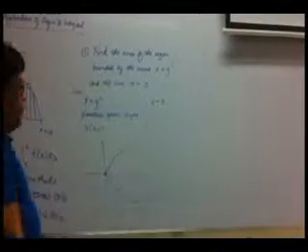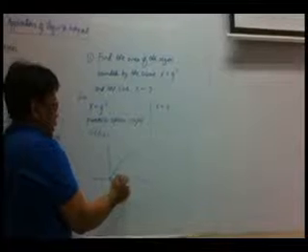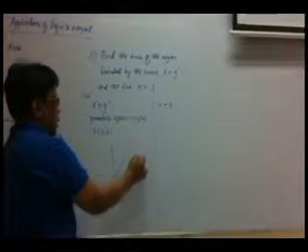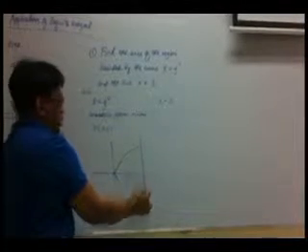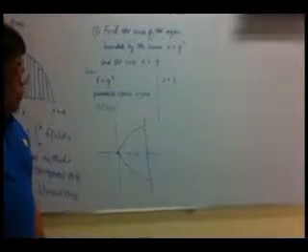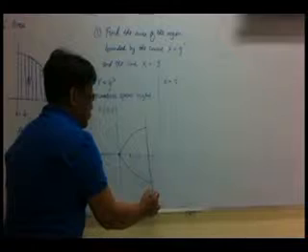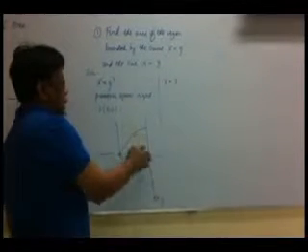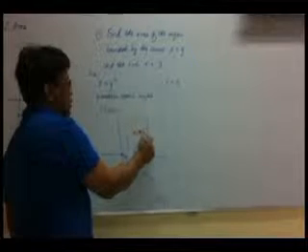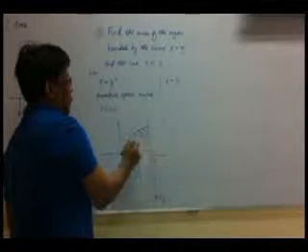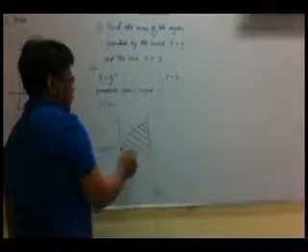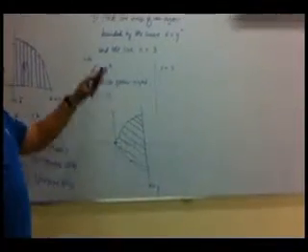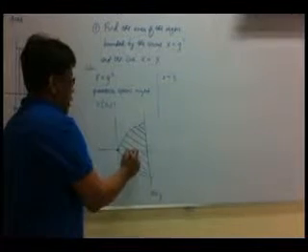That will be part of the region. So where is x equals 3? You count the units from the origin, and then this is your x equals 3. And identifying now the region, we have the common part of the two curves, and this is the shaded part here. So this is the region that we're going to find the area.